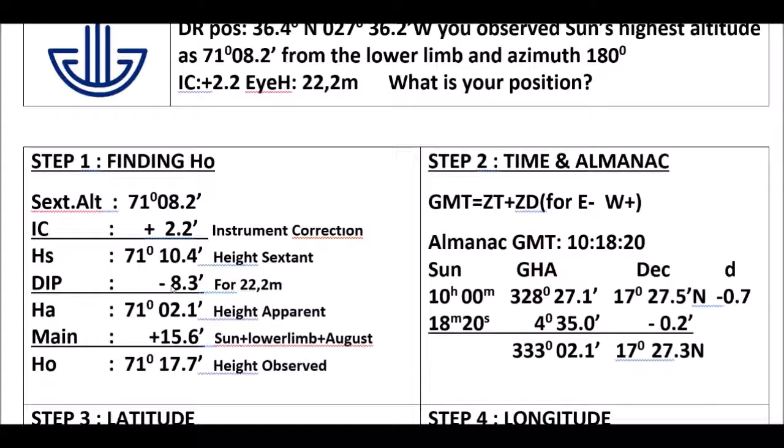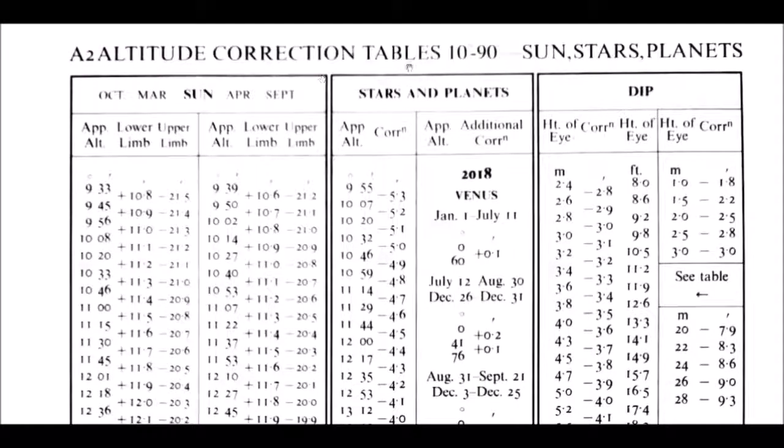And where will we find this? At the beginning of the almanac, we have the correction table. For the height of our bridge, 22.2 meters, altitude correction table, dip correction. As you see, 22.2 is between these two values.